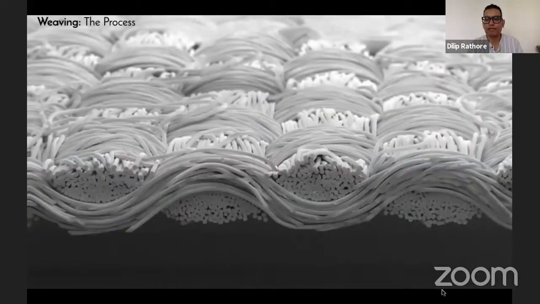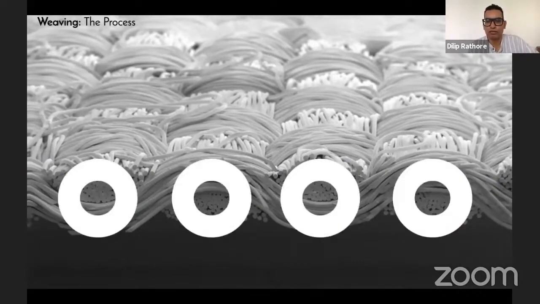If you see the fabric closely, this is the cross section of the fabric which we saw just now. The fabric being woven, a plain weave. So if you can understand, seeing the photo, these are warps. These all are warp which has been stretched and put into the loom.